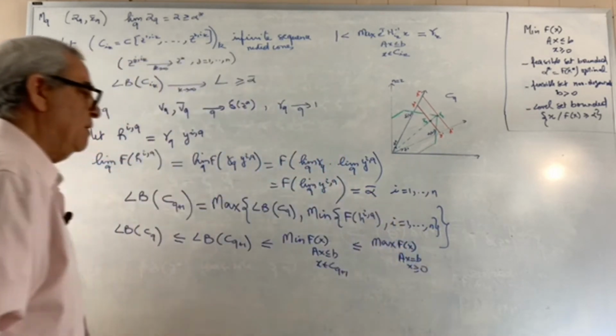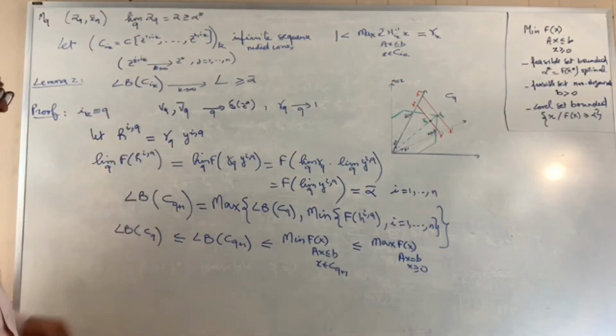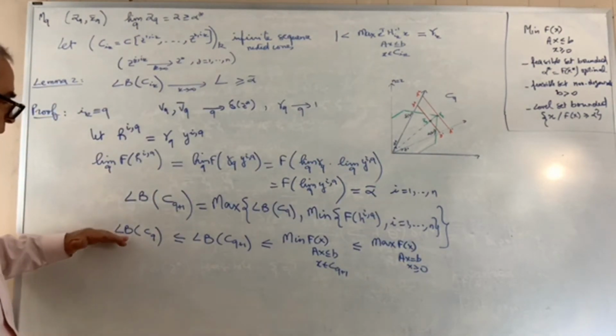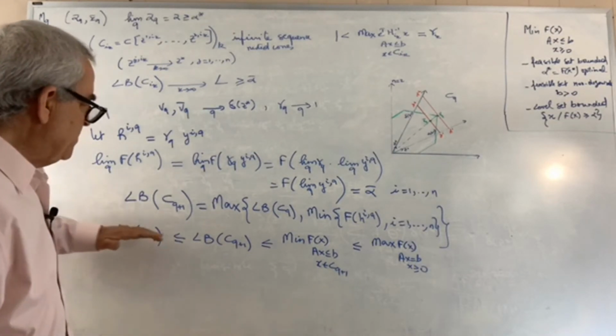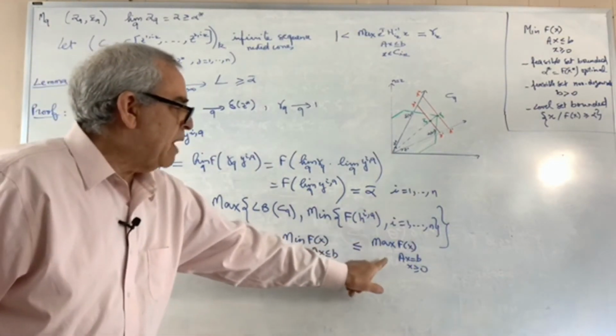That's a trivial inequality. So the lower bound of C_q is a non-decreasing sequence bounded above by this.